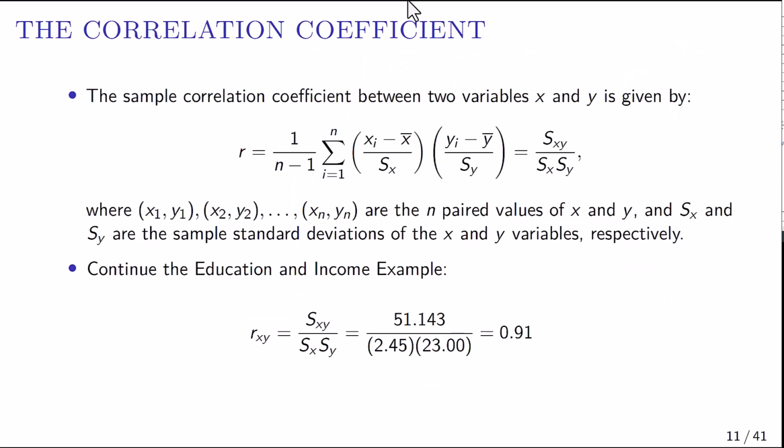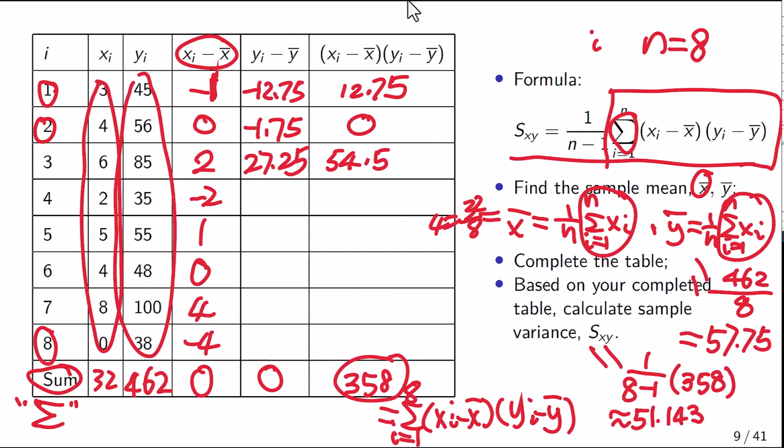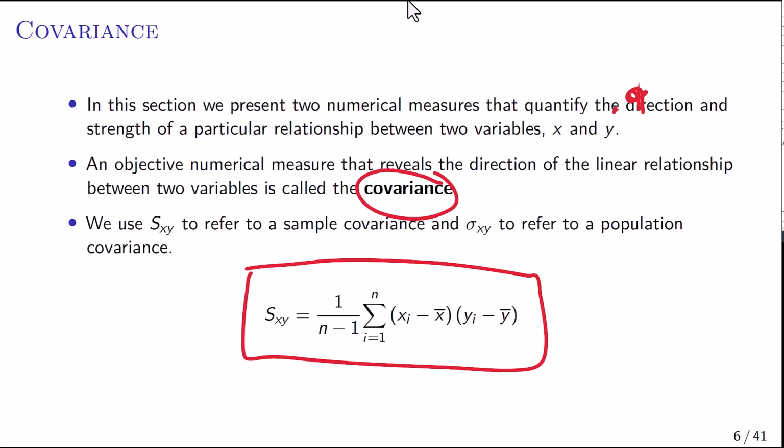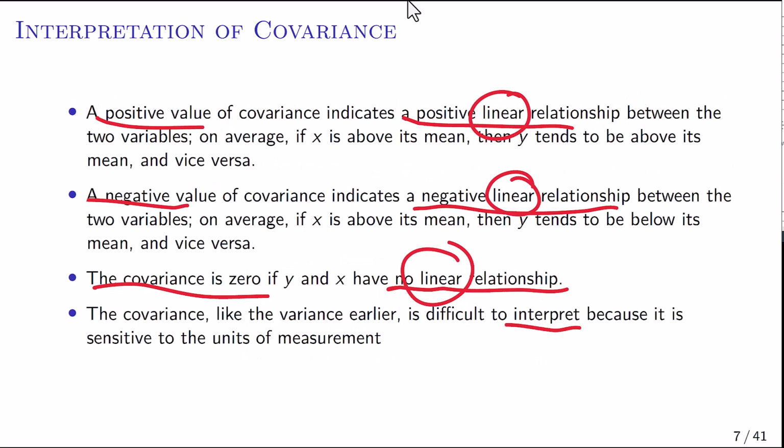So what does that say? This covariance, whether positive or negative, only gives us a direction. What do I mean by direction? Either positive or negative. If the covariance is positive, that means the relationship is positive. If it's negative, the relationship is negative. But how big is the strength of the relationship?